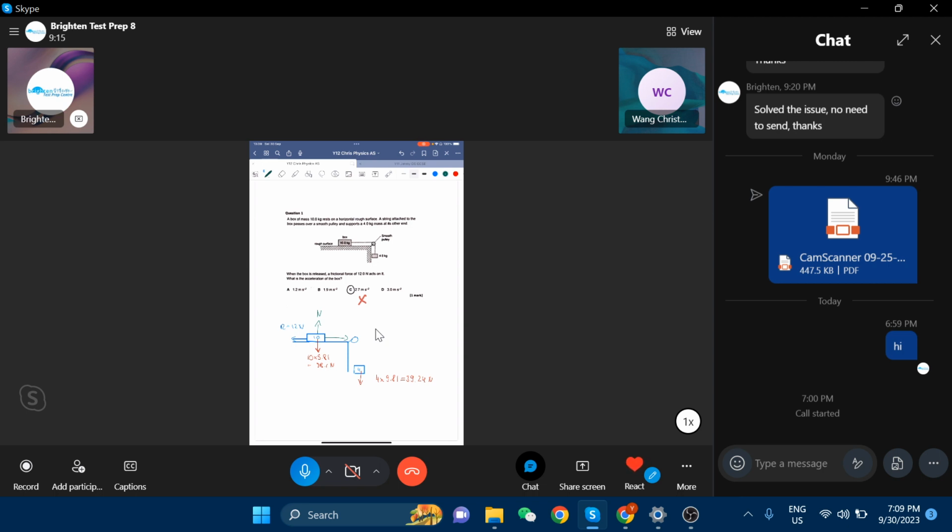It's also 39.24 Newton. Exactly. So that's T and that's T, and that's therefore equal to 39.24. Very good. Okay, so far so good. So now, what is the acceleration of the box? So what is the next step?